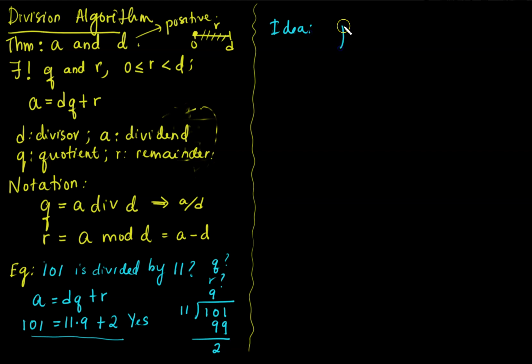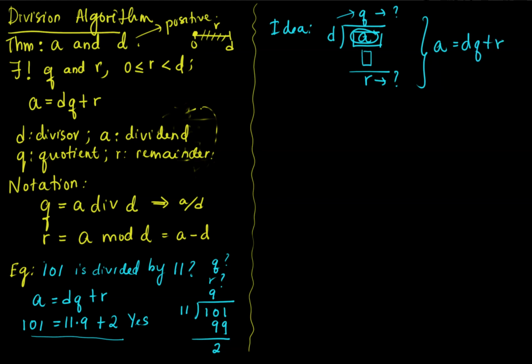So you're going to have your dividend, which is the number on the numerator, and then what's outside here, that's your divisor, that's your D. Quotient is how many times it goes in, and then after doing some math, you're going to get a remainder. So the way we put all this together is A equals D times Q plus R. If you look at the example that we just did, isn't that exactly the same?